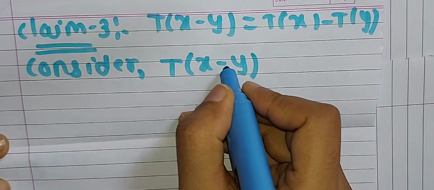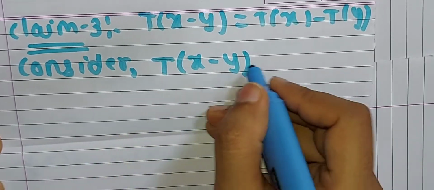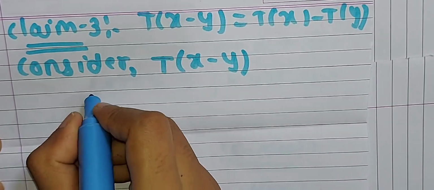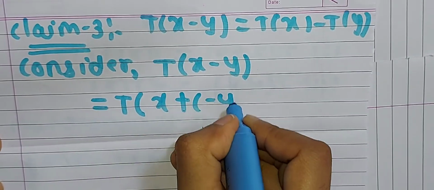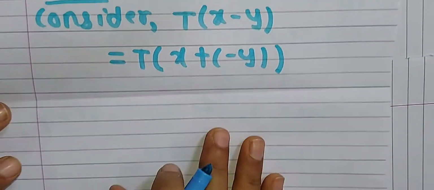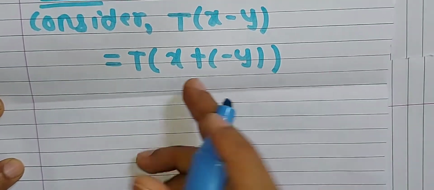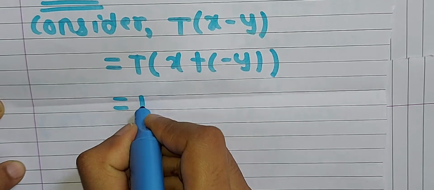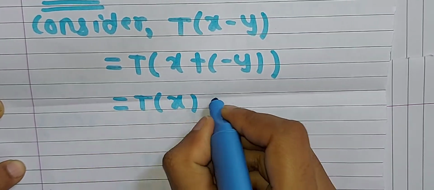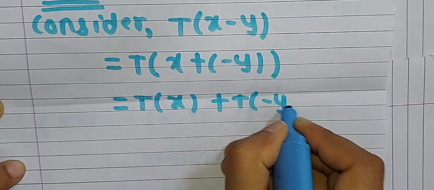But we have this negative sign, therefore we convert this negative into positive. Just do one thing, that is T of (x plus (-y)). Okay, so this is nothing but this. Now by the definition of transformation, we can split it like this, that is T of x plus T of (-y).